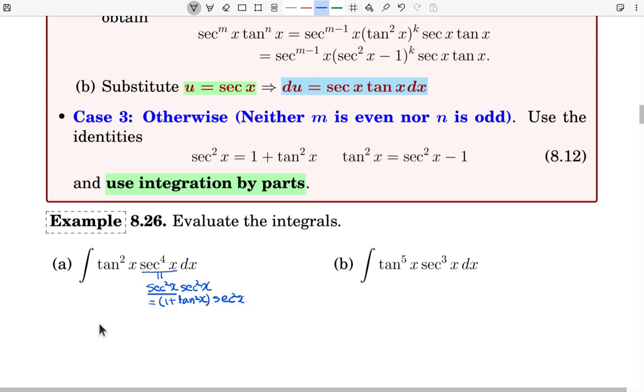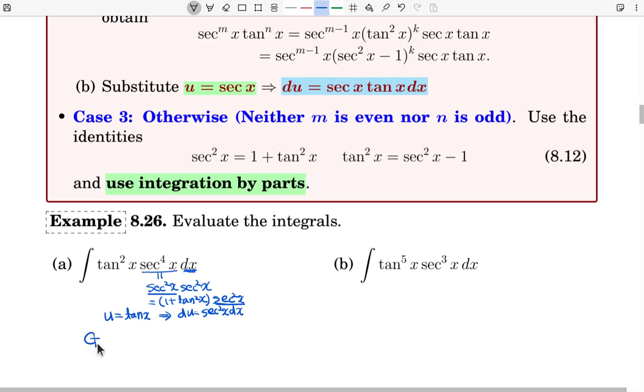Now we can use the substitution u equal tangent of x. Then du will be sec squared x dx. So this portion can easily be replaced by du.